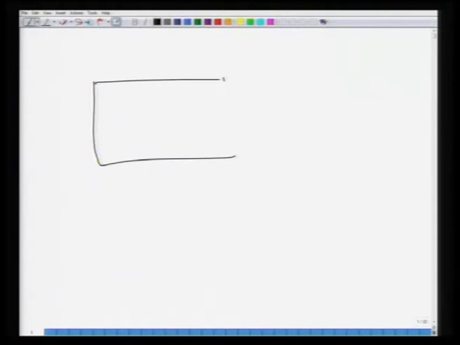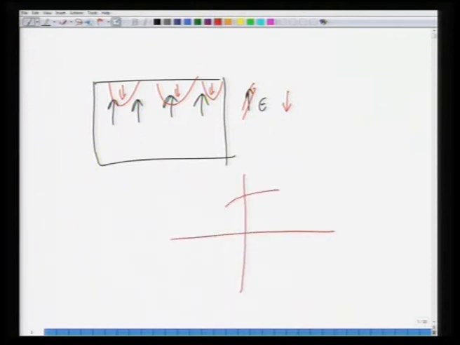So, for instance, if you start from a domain state like this, which means at this point the electric field was also like this. When you now reverse the electric field, you go to this direction, then you have these domains which are nucleating in the opposite direction, and these domains grow as you reach the saturation field, or the field required for saturating all these domains, and that is what results in this classic hysteresis loop.